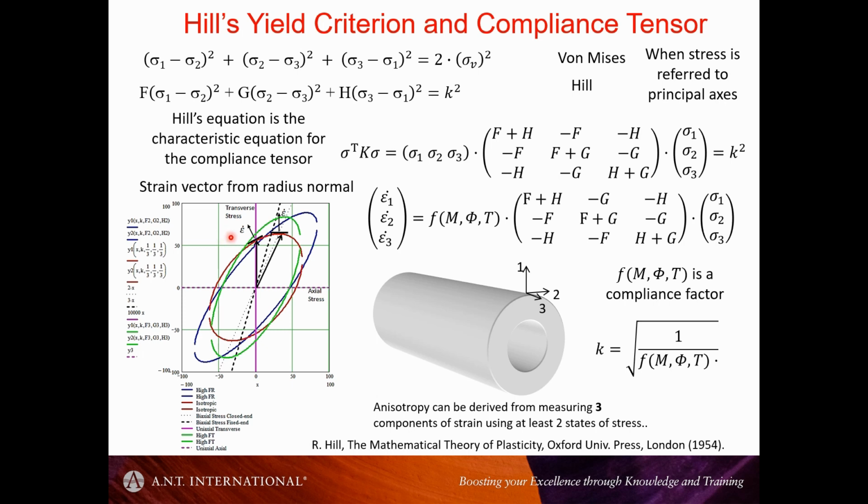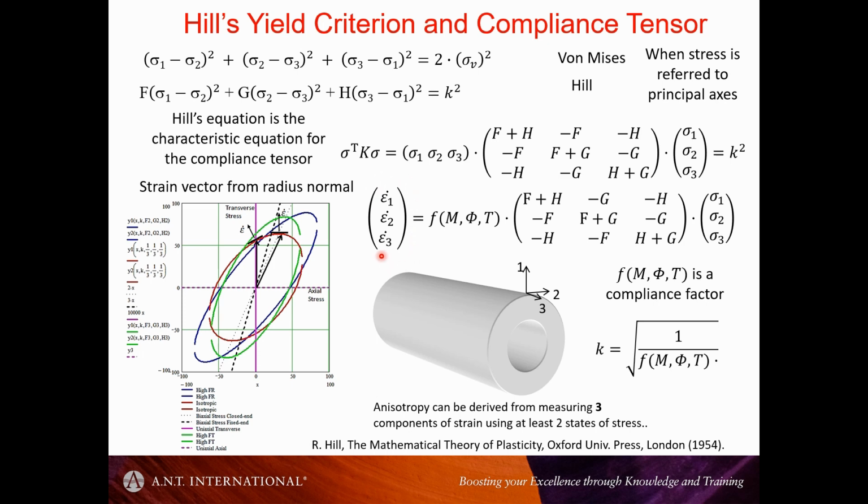So we're taking a slice through a yield surface in the plane of the tube, in the radial transverse plane, and we're looking at the relationship between the point of yielding and the stress state given by various stress loci. The beauty of looking at it in terms of tensors is that it becomes much more simple, because we know from tensor physics that the radius normal property is what gives you these strain rates.